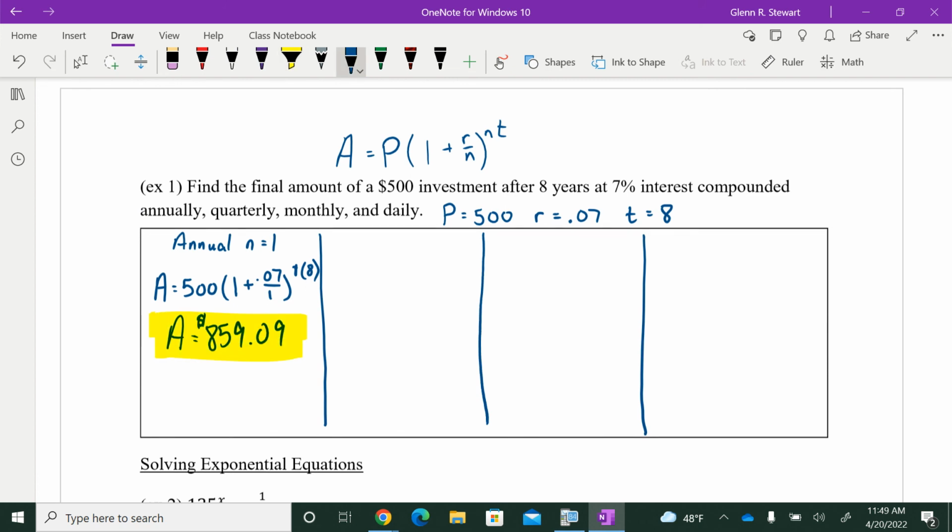All right. Next up is quarterly. Quarterly means 4. So now I'm just going to plug that into my equation. Same equation, but now the 0.07 is divided by 4. My exponent, where n was, is going to be 4 times 8.